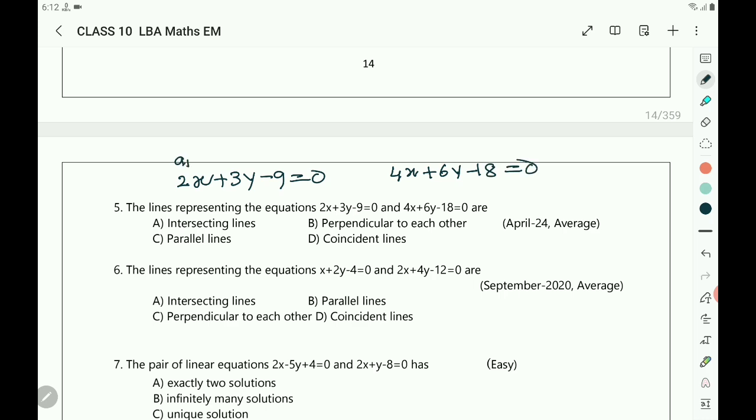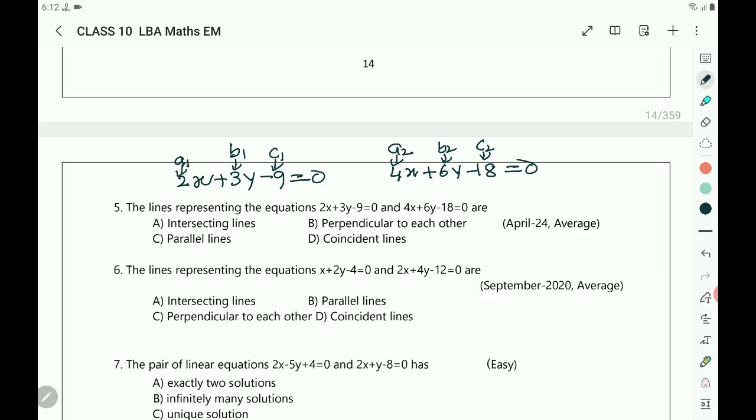Here a1 is 2, b1 is 3, c1 is minus 9. Here a2 is 4, b2 is 6, c2 is minus 18. These are a1, b1, c1, a2, b2, c2.